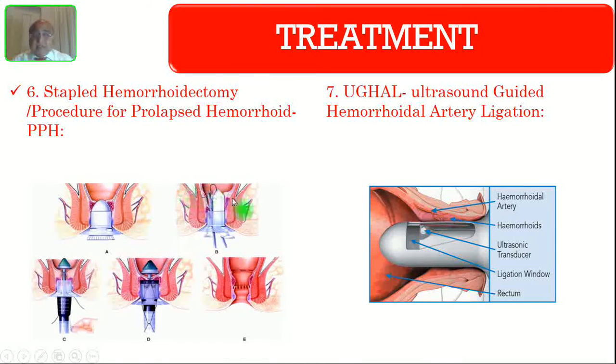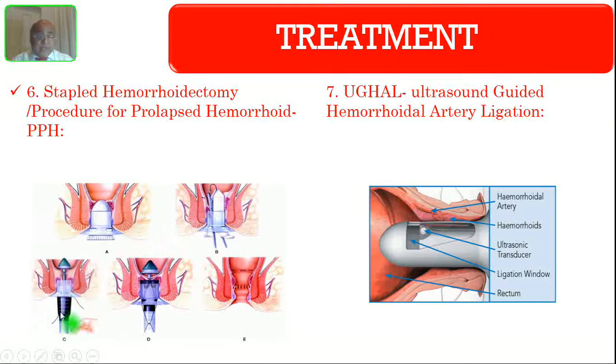When you are taking this pursing suture, you should not take a very deep bite. We are supposed to excise only the mucosa and the submucosa along with these hemorrhoidal plexus. You should not include the musculature there.